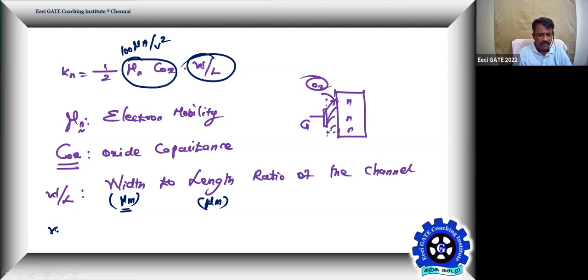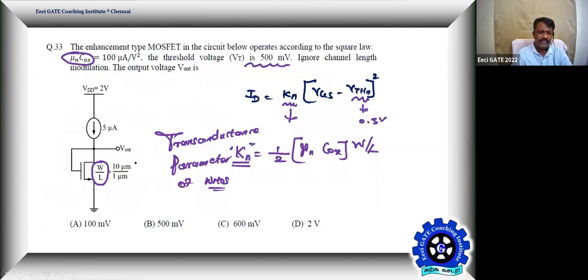But anyway, this W by L ratio is going to be unitless, because if width is in meters, length is also in meters. If you are building the MOSFETs using micrometer technology, then the width will be given in micrometers and length also in micrometers. So the ratio will be unitless anyway. Here it is given as 10 micrometer per 1 micrometer. What is the result? W by L equal to 10.